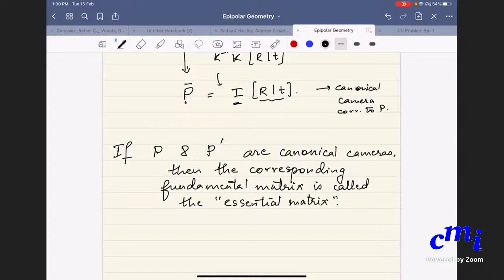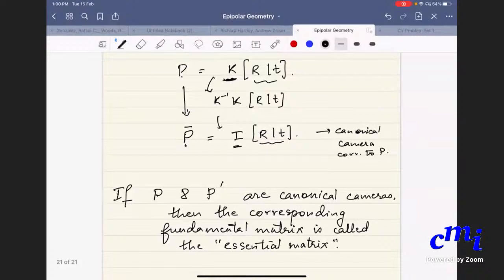Essential also because it is truly just talking about the positions of the cameras now. Internal parameters of both cameras have been normalized, so they are not playing any role, and the whole thing is dependent only on the positioning of the two cameras. So this word essential also makes sense here.